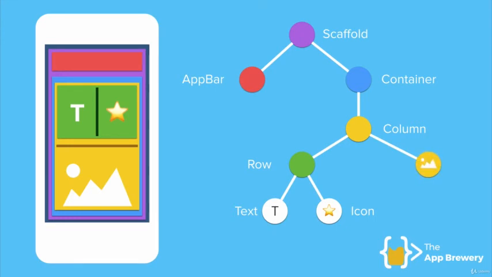For example, if inside the column, instead of showing a piece of text, I wanted to show a picture from the internet, I can use a widget called a network image, and I'll give it a URL, and it'll be able to load the image from that URL address. So this is a widget that performs a little bit of functionality.